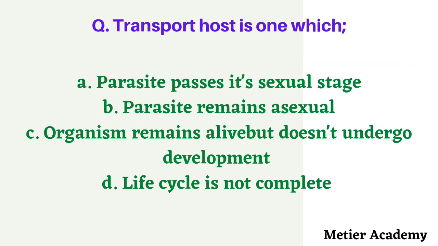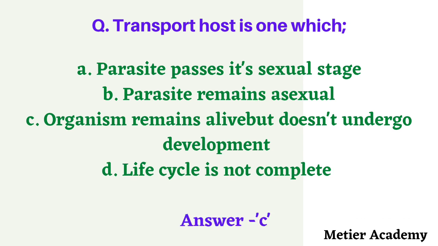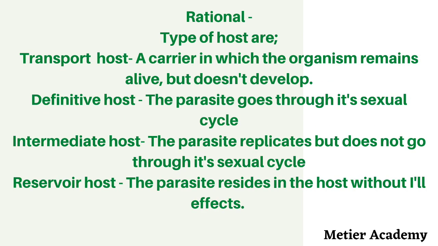Next one is transport host is one which parasite passes its sexual stage, parasite remain asexual, organism remain alive without undergoing development, and D is life cycle is not complete. Here the correct answer is option C, organism remain alive but does not undergo any development. The rationale behind this is there are different type of host.